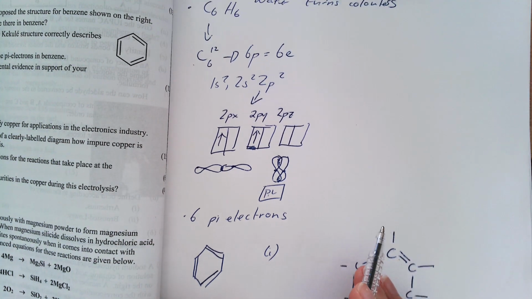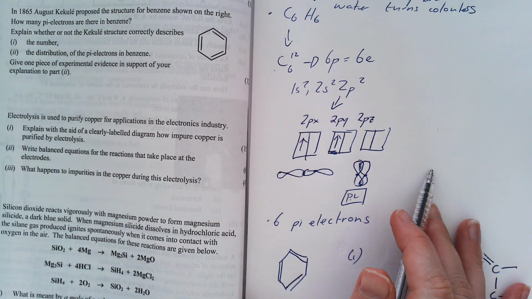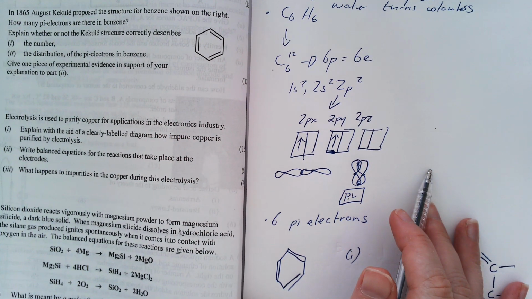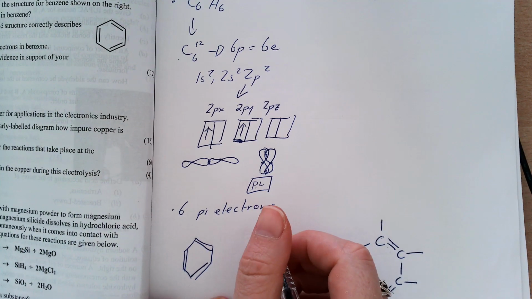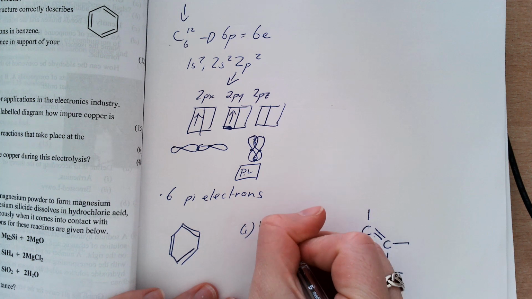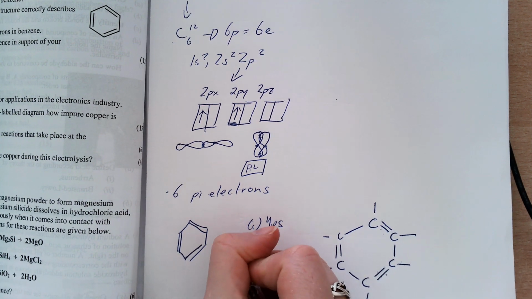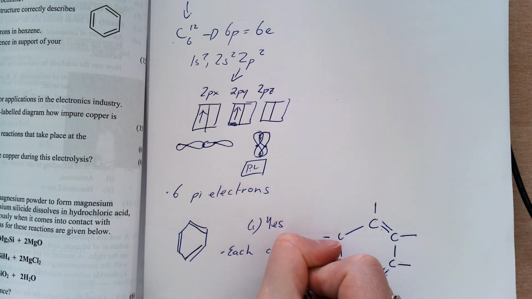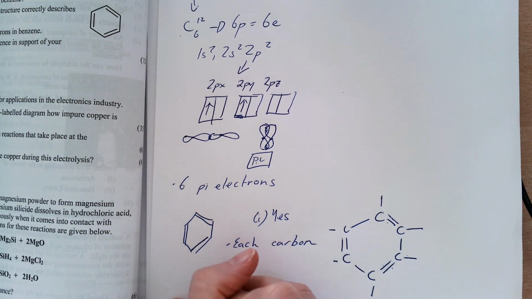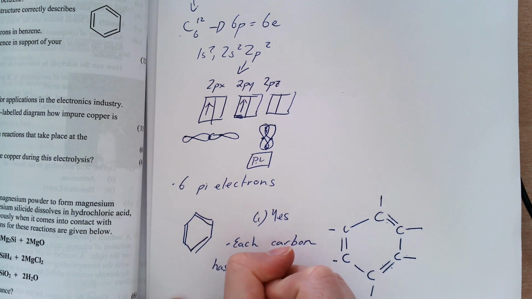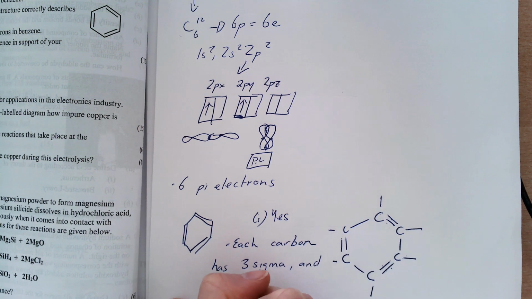Okay, so you're asked in the question, explain whether or not the Kekule structure correctly describes the number. So yes, it does describe the number. Why? Because each carbon still has 3 sigma and 1 pi bond.